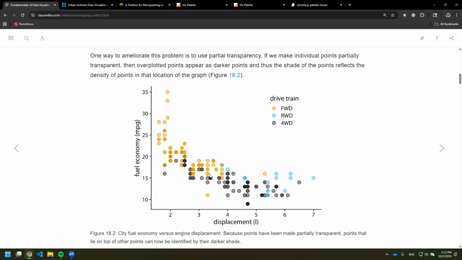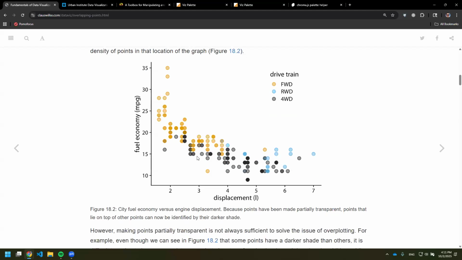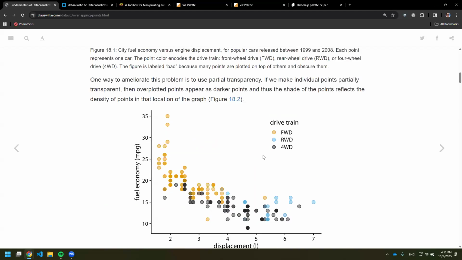But to a reader who's not familiar with this kind of problem and the partial solution to this problem, they may wonder if these are actually different kinds of data points, right? These very black points, some variety of four-wheel drive that's a darker hue than the hue that's given to the four-wheel drive.